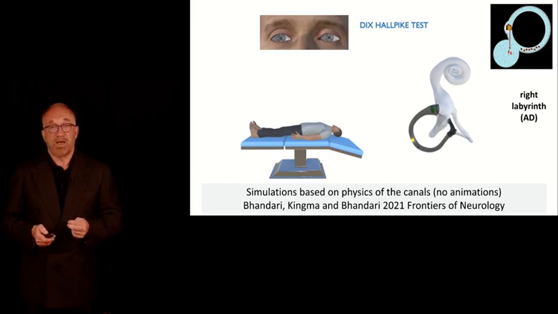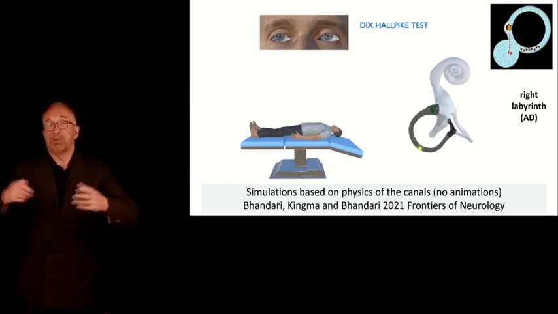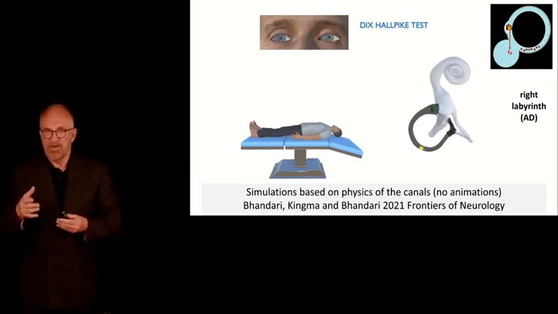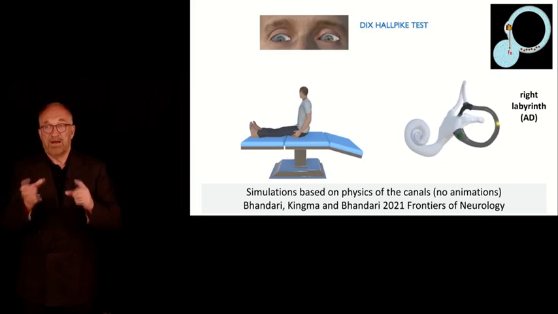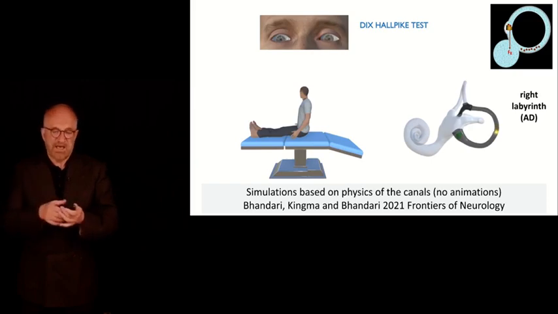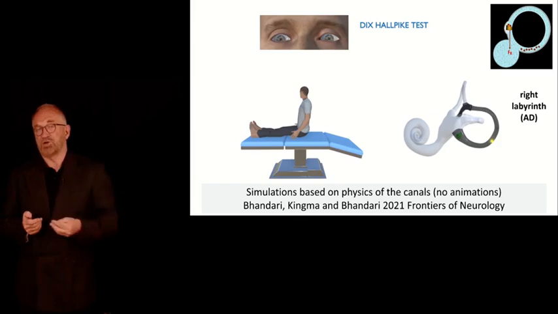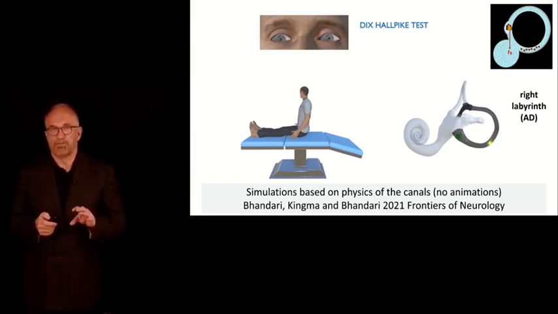So it can also be that the calcium carbonate crystals from the utriculus came on the cupula, make the cupula more heavy than the endolymph, and by that also the canal becomes a sensor of gravity as well, and that messes up everything. So not only do you have the BPPV, but you also have the problem that the labyrinth in itself is not working properly. To some extent the brain can learn to deal with that as long as the contribution of, for example, this otoconia in the canal is very small.